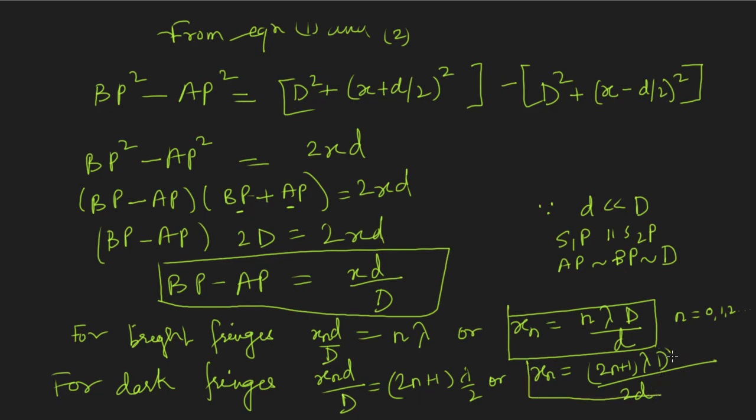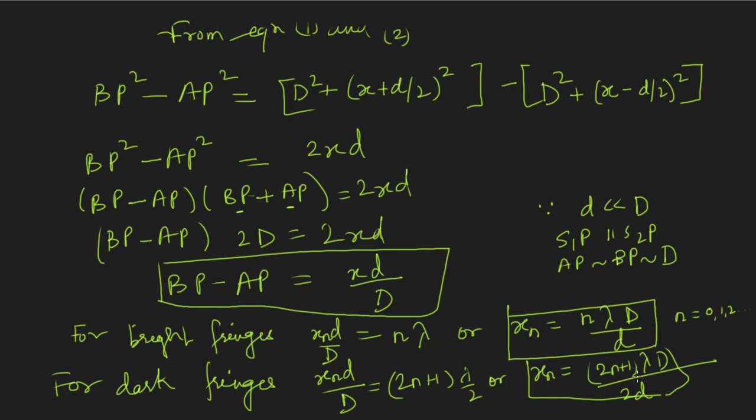This is how we can locate them. So from this expression it is clear, if I take n is equal to 0, then x_n is equal to 0, the central fringe will be bright, then the next bright fringe will be at distance lambda D by d, and so on. So we'll get alternate bright and dark fringes.